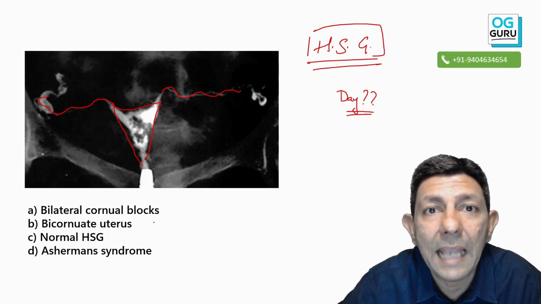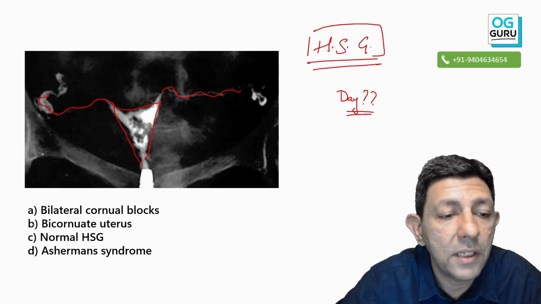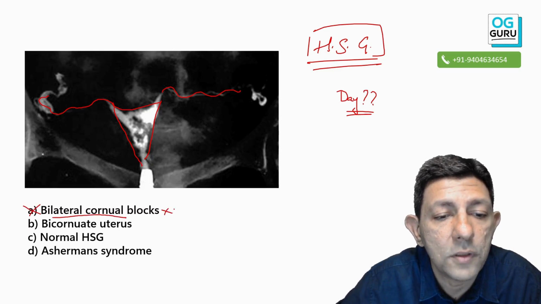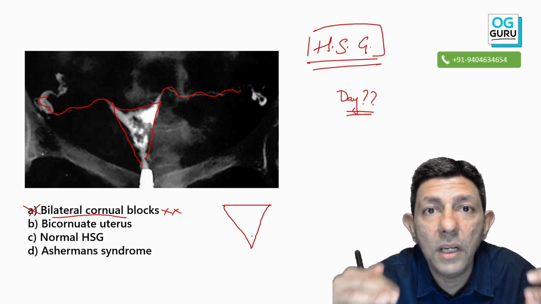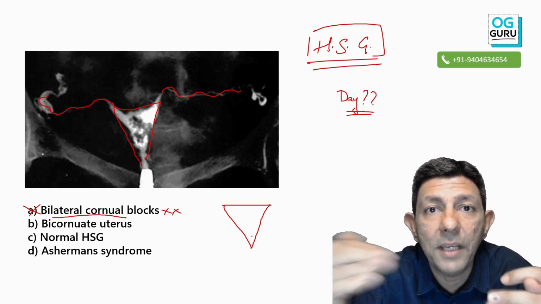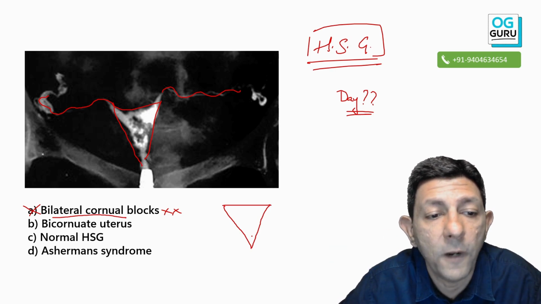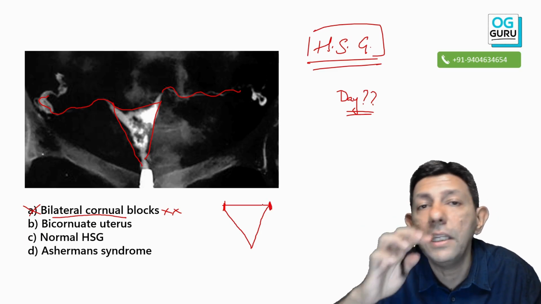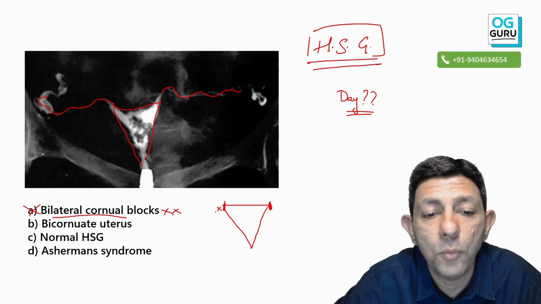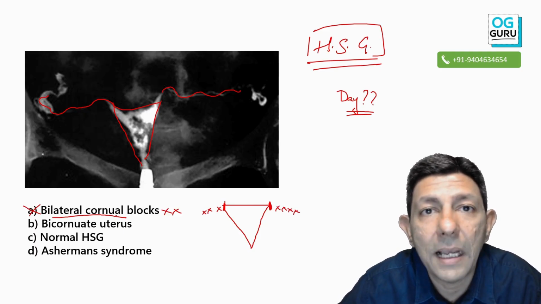So it is not a bilateral cornual block, because in bilateral cornual block, we will only be seeing the uterus. With this one image, we are teaching you so many other extra important points. In bilateral cornual block, the tubes are blocked at the cornual end, so we get to see only the uterus, and the tubes are not seen. That is your bilateral cornual block.